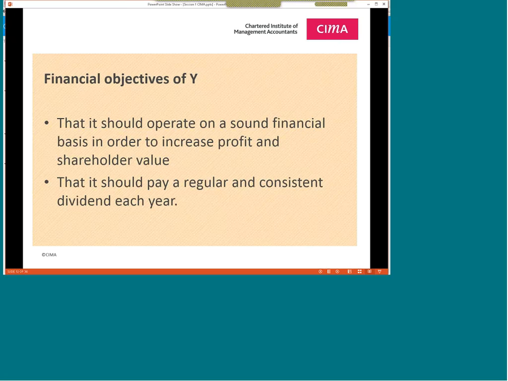Yes, so this particular, yeah, very good. So this particular second objective is in line with stakeholders' expectation in terms of shareholders, for example, which are one of the key stakeholders. However, based on the situation where they are at the moment, it can be an issue because their profit margins are decreasing, their profit is going down, and I don't know whether I remember correctly, this year or next year there is a loan that is due.